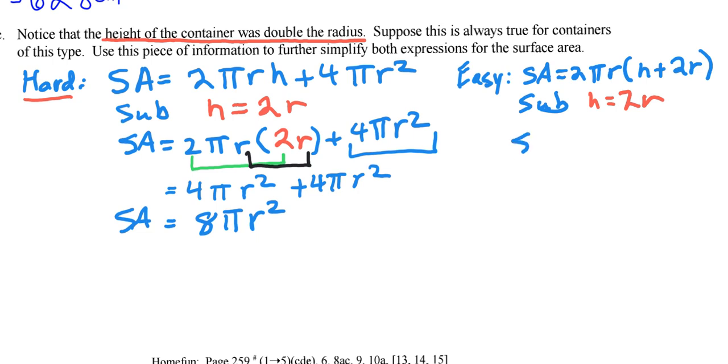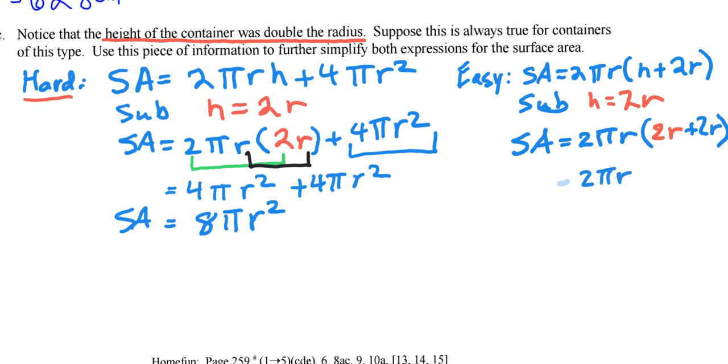So now you're going to get SA is equal to 2 pi r times, well, h is just 2r, isn't it? 2r plus 2r. Isn't that just 4r?